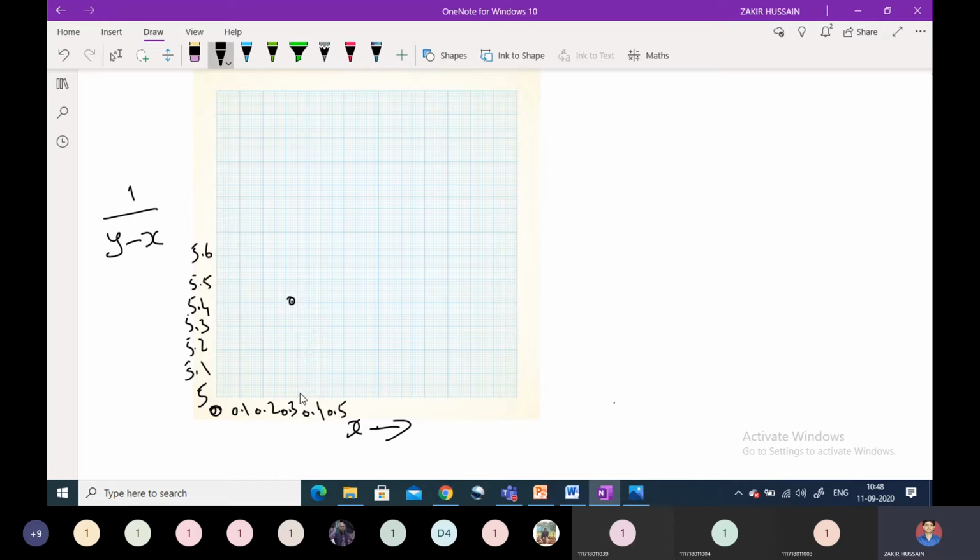Then the next point is 0.36 with 5.291. Next is 0.39 with 5.263. Then 0.42, again 5.263. Then 0.45 with 5.291.